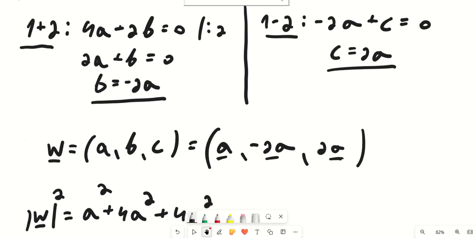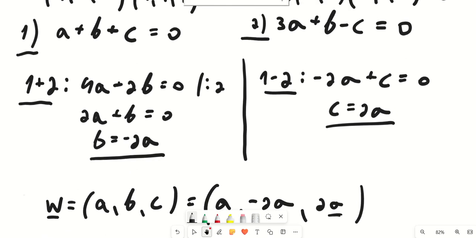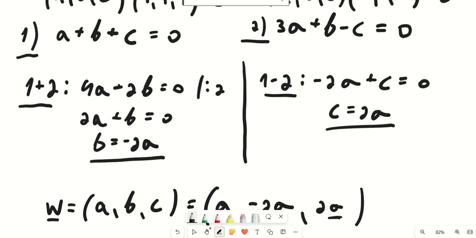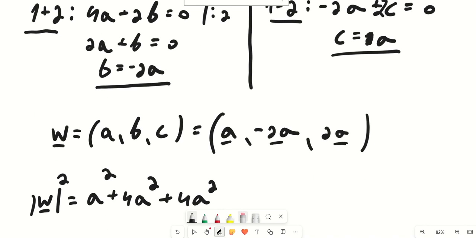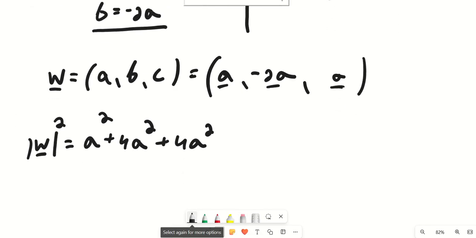Now I notice it. Here I took 1 minus 2, and there I get C minus minus C, which is plus 2C. So I get actually that C equals A and not 2A, and here I also have to write it as A. So now I want the length of the vector: A squared plus minus 2A squared plus A squared.